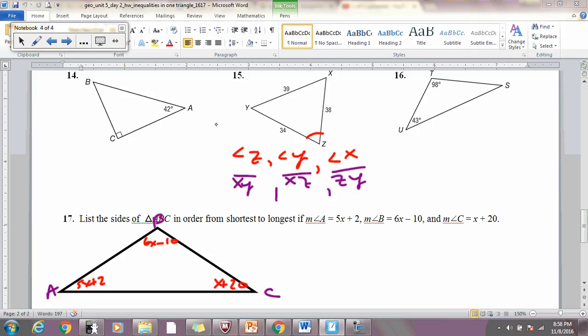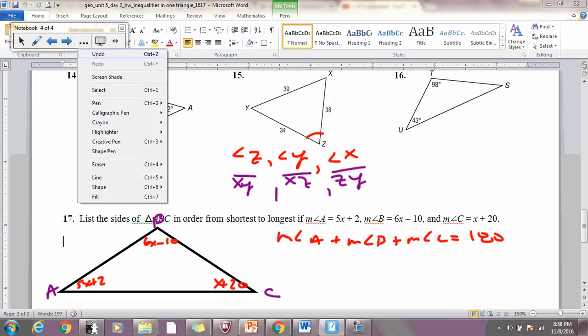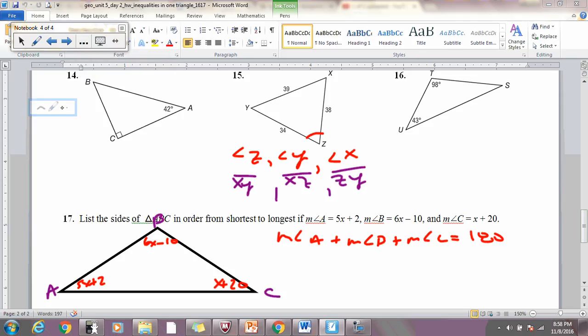Now, first things first, we got to find x by using the sum of the interior angles theorem, which says the sum of all the interior angles adds up to 180. So that means the measure of angle A plus the measure of angle B plus the measure of angle C would equal 180. So now substitute the algebraic expressions.